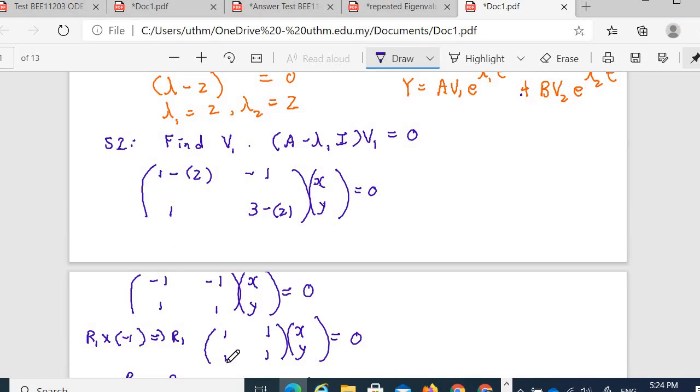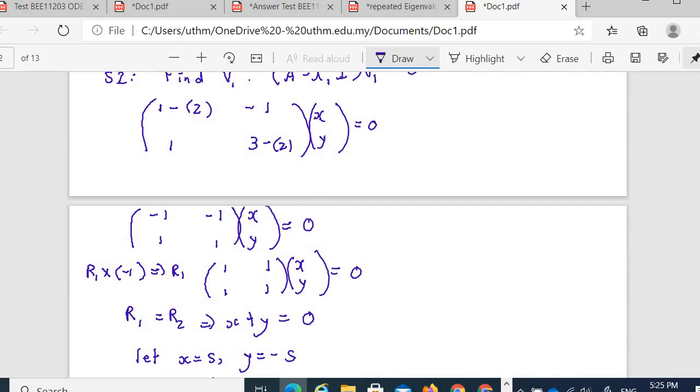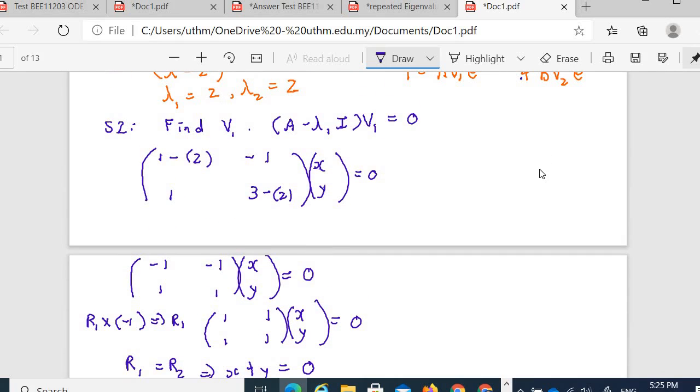For repeated eigenvalue, lambda 1 equal to lambda 2, so you get the same system, but the right hand side, you just replace it with your v1. Because step 2 is actually you solve A minus lambda 1 I v1 equal to 0.